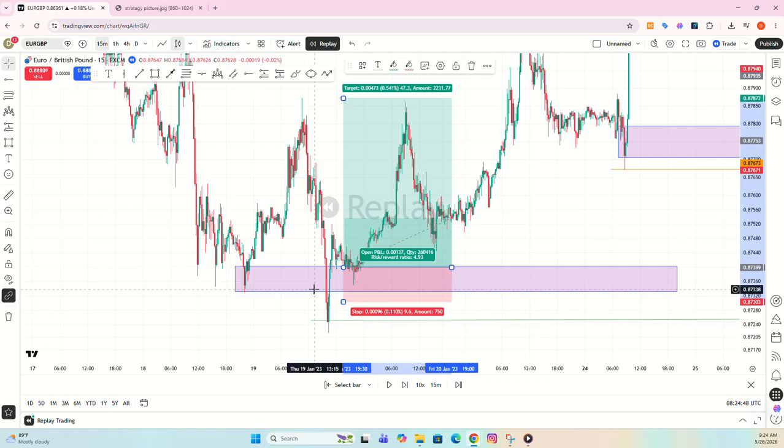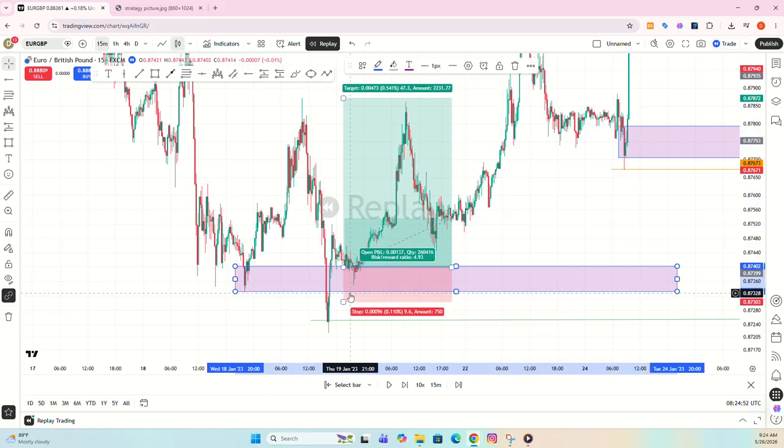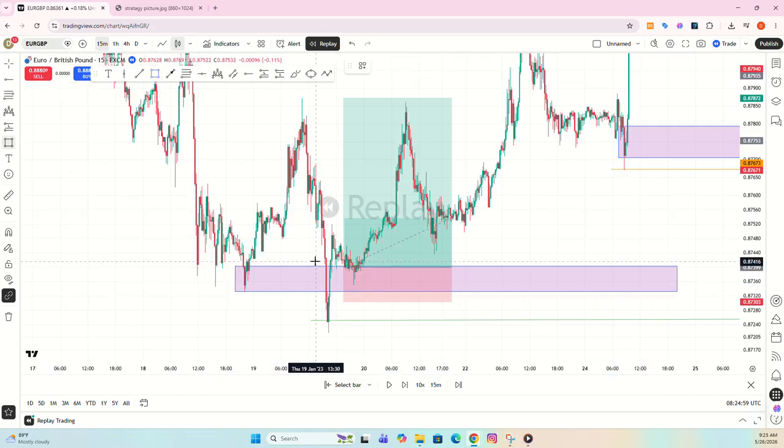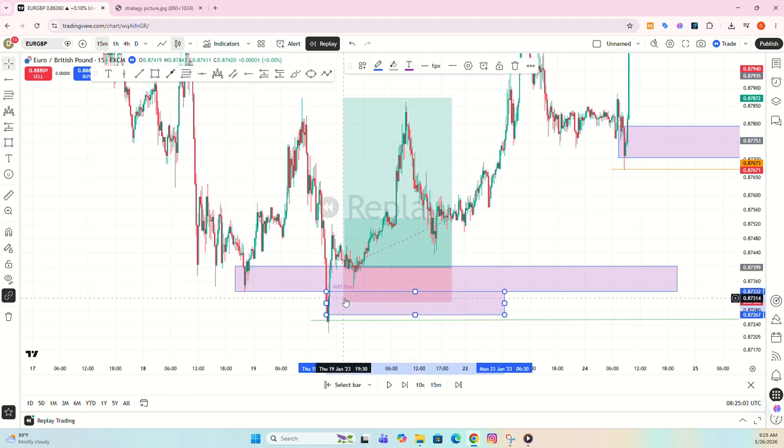If you notice this end of this other block, where I'm pointing my mouse, is where this other block started from. So I'm expecting, if I thought this trade would come out, maybe I take it from here.